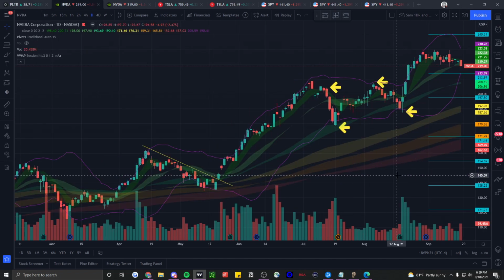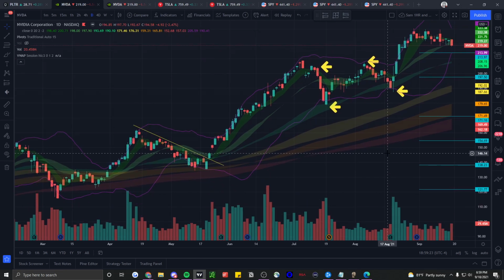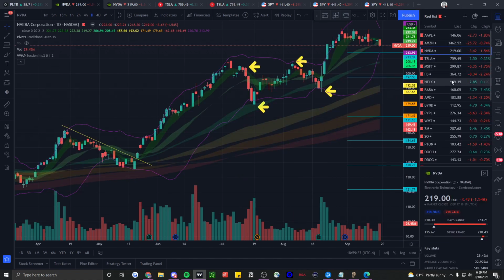So another example of PS60 working really well is NVDA, right? Now, PS60 is going to work for particularly high beta stocks. You could use it on pretty much any type of asset class, but essentially the high beta stocks are stuff like Apple, Amazon, NVIDIA, Tesla.